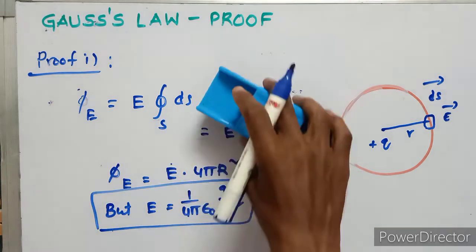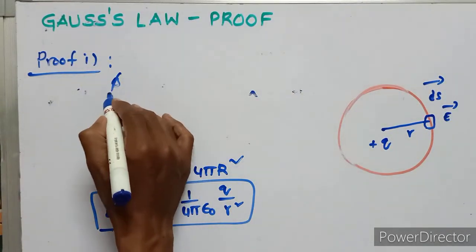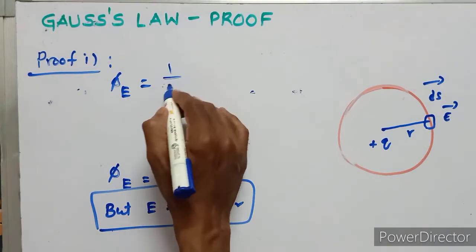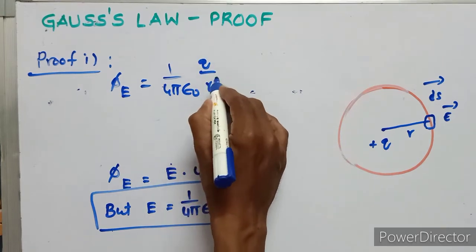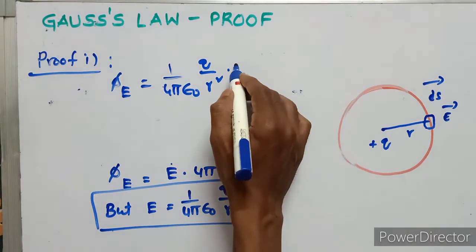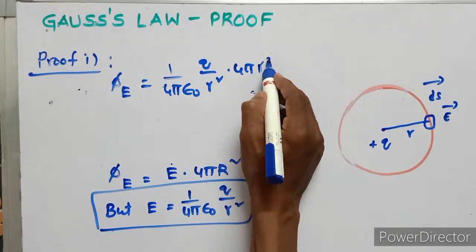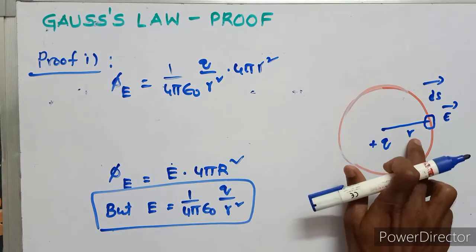So electric flux is equal to 1 upon 4 pi epsilon naught, q upon r square, times 4 pi r square, where capital R is equal to small r.